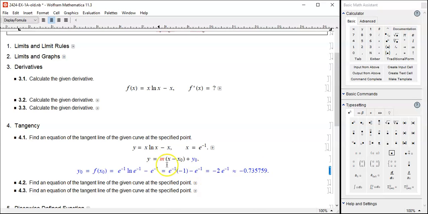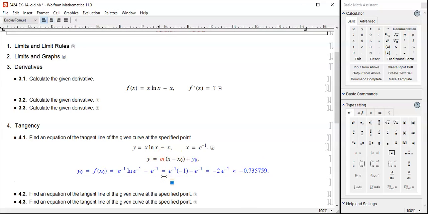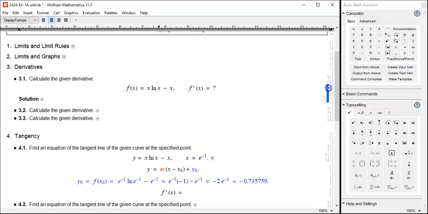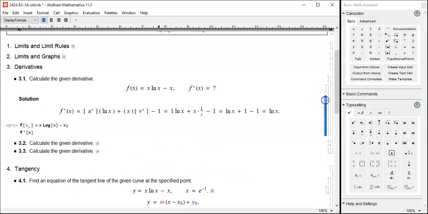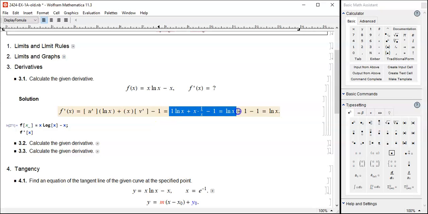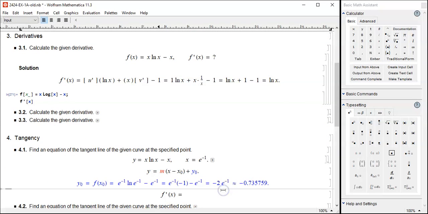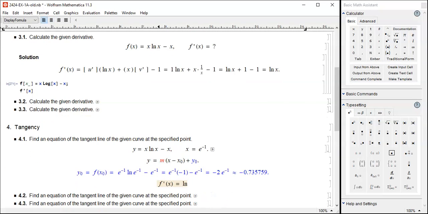Okay, we find out the slope, the red part. How do we do that? Well, first we have to find the derivative. And that's something we did earlier. You see, we use the product rule and then subtraction, so we ended up with this kind of computation. And then let's recycle this result. That's log of x.